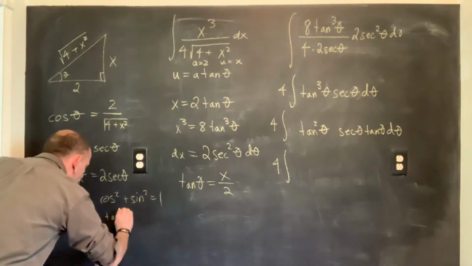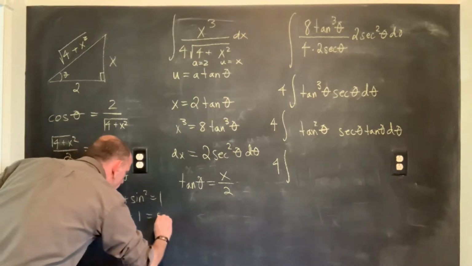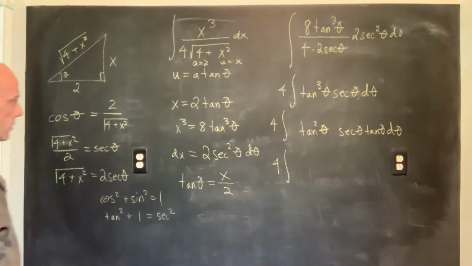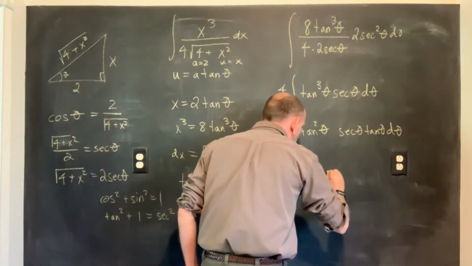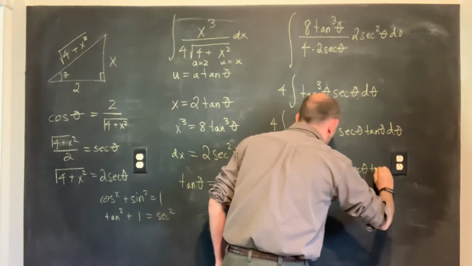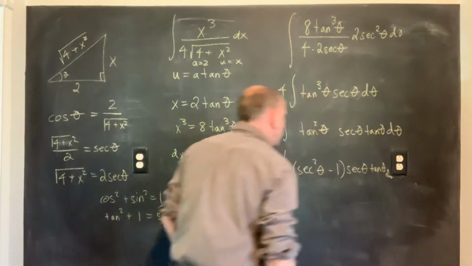Tan squared plus 1 is equal to secant squared. So tan squared is secant squared minus 1. Ran out of space. That's a d theta, sorry, it's squished.